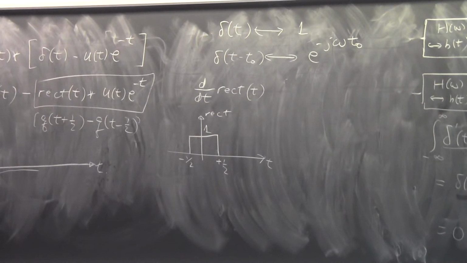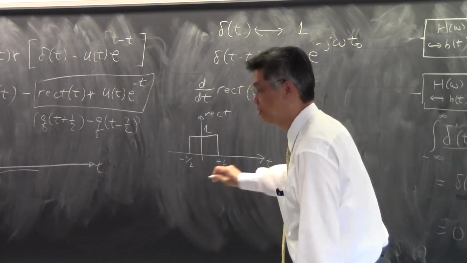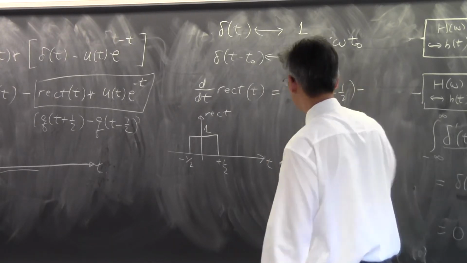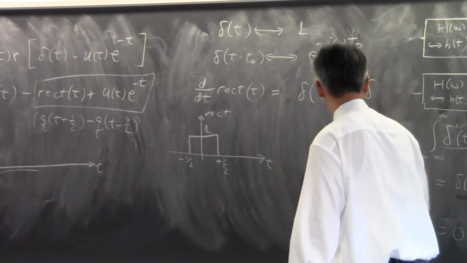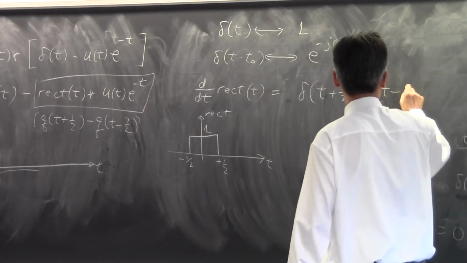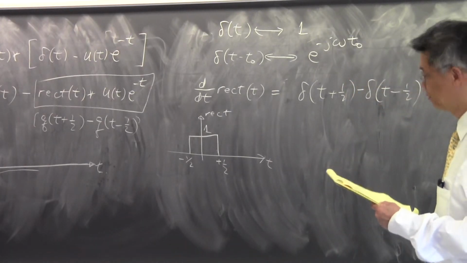Very good. Because on the rising edge, you get a delta function, and on the falling edge, you get a negative delta function. And where are they located? Negative 1/2 and positive 1/2. One is located over here, so it must be delta t plus half. The other one is located over here, so it must be delta t minus half.